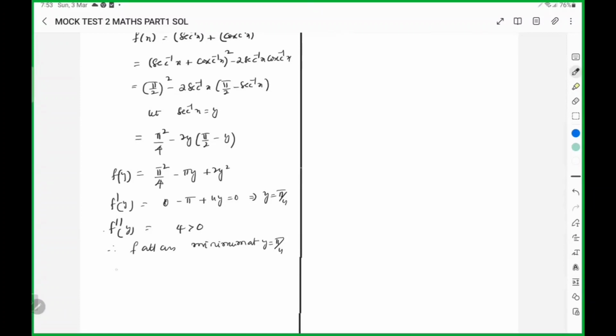The minimum value of the function is f of pi by 4, pi squared by 4 plus 2 times pi squared by 16, so pi squared by 8.